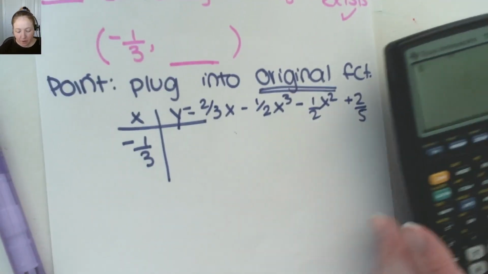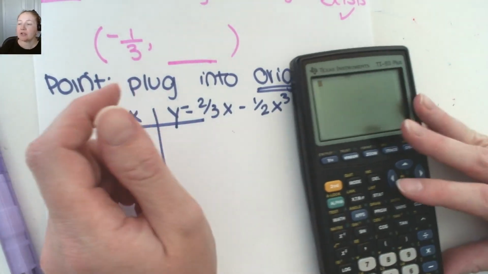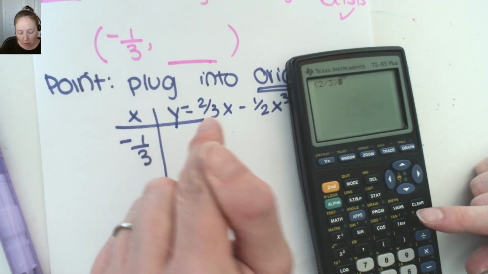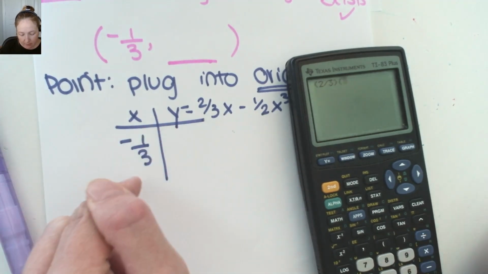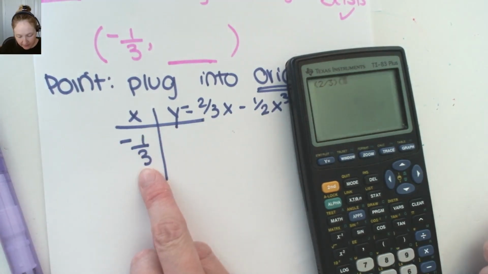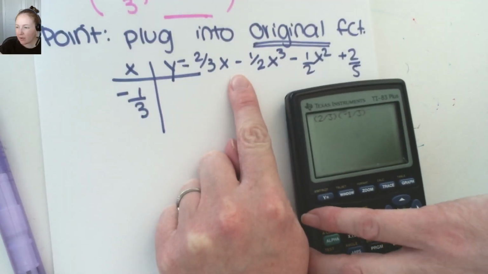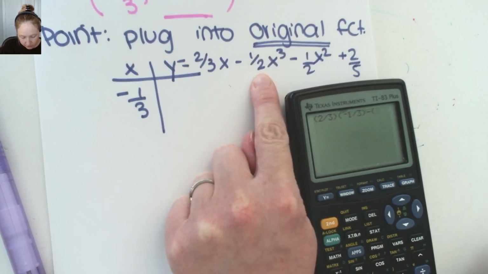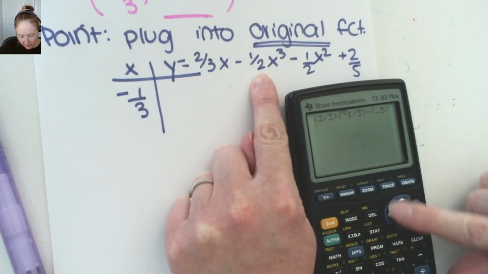Okay, so what you need to do is make sure you put parentheses around the 2 divided by 3, because that whole fraction needs to get multiplied by the x of negative 1/3. Then you'll have minus, and then the 1/2, so 0.5, or let me write it as a fraction.